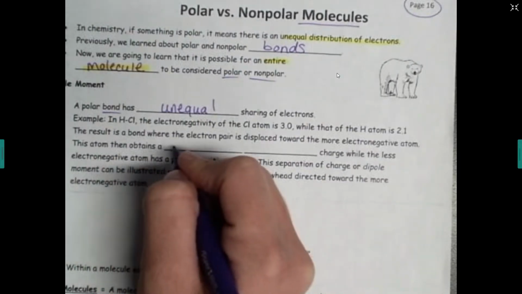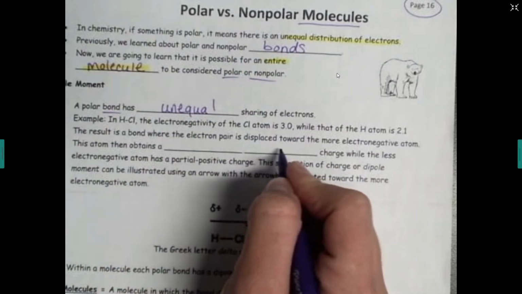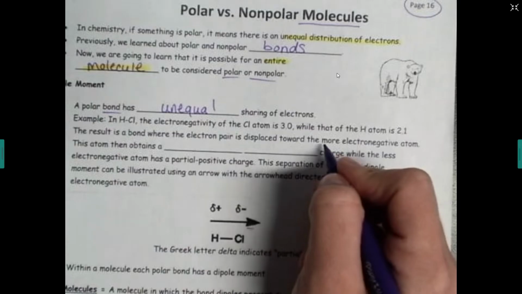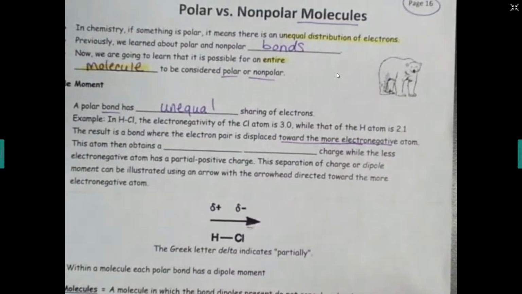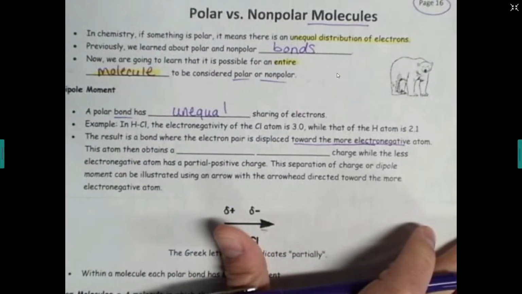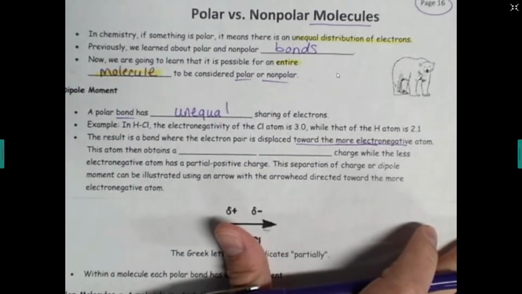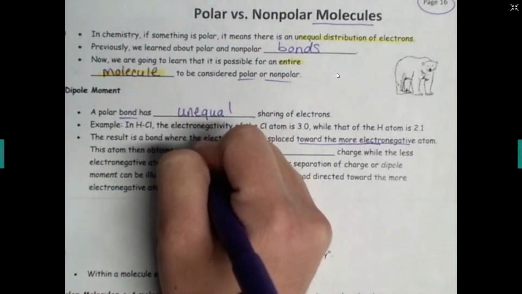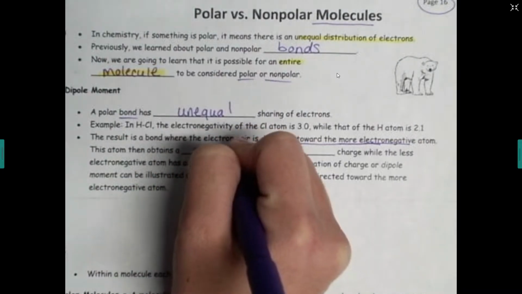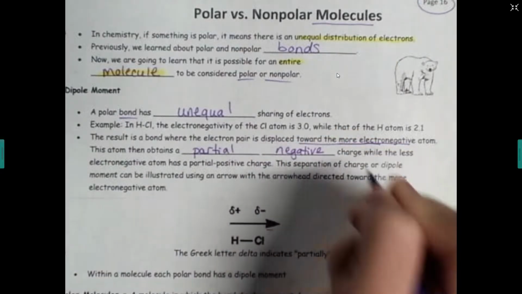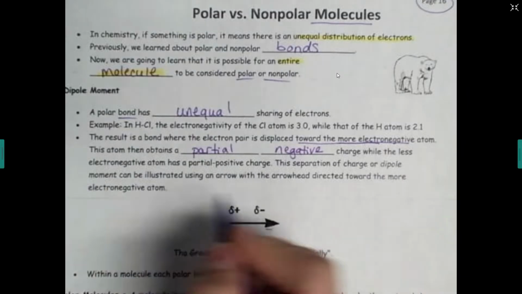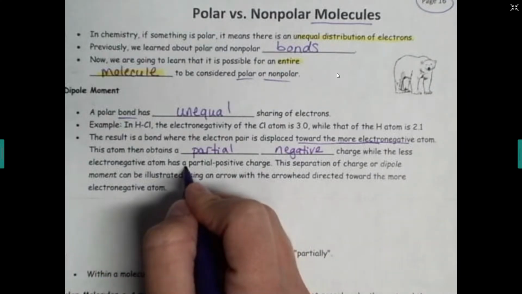The result is a bond where the electron pair is displaced more toward the more electronegative atom. This atom obtains what we call a partial negative charge, while the less electronegative atom has a partial positive charge.